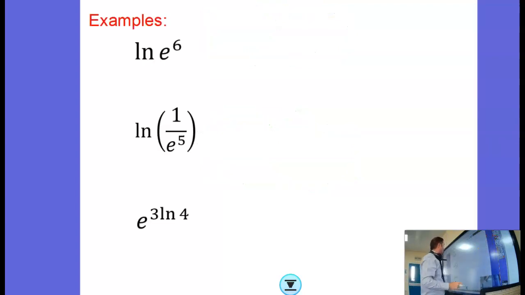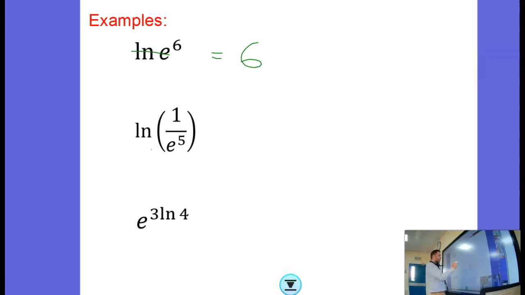On we go. Let's look at some examples of how we might apply that. So if I've got ln e to the power of 6, well, that's saying e to the power of what is e to the power of 6? Well, it's 6. These things cancel out. If I'm doing the natural logarithm of e to the power of something, it's just the something. Here we're going to need to know a little bit more about indices.